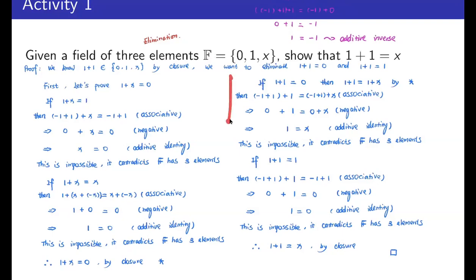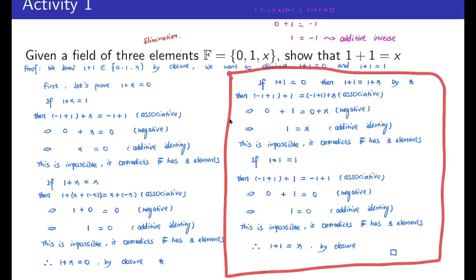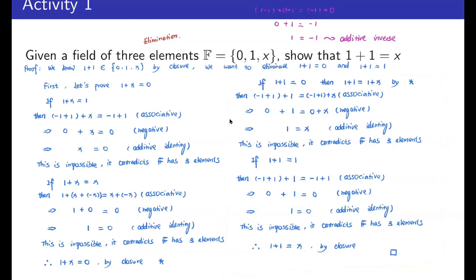But this is the key steps. Any other question? So I did all those work just to show that 1 plus 1 cannot be 0. Any other question? Okay, if no question, let's move on then.